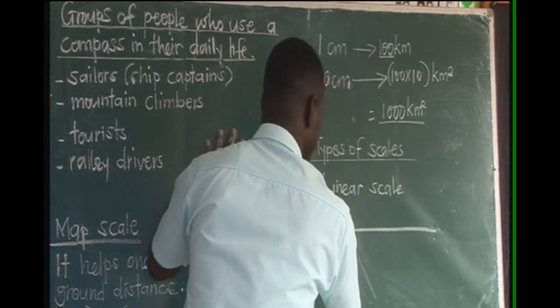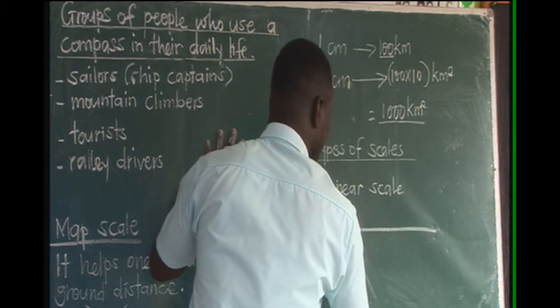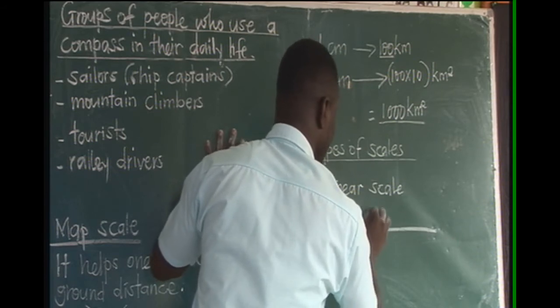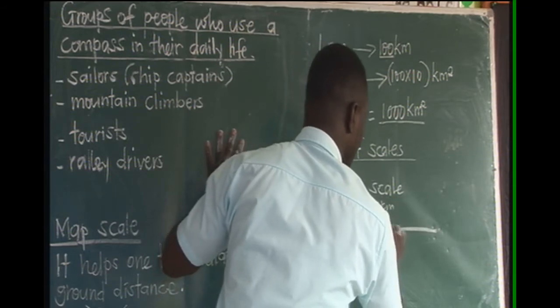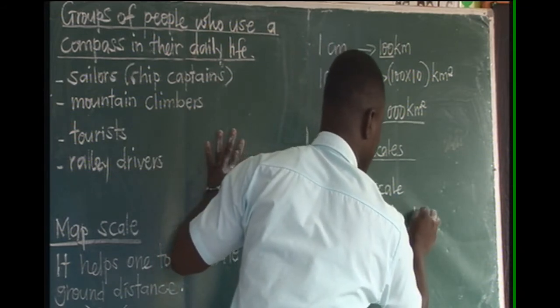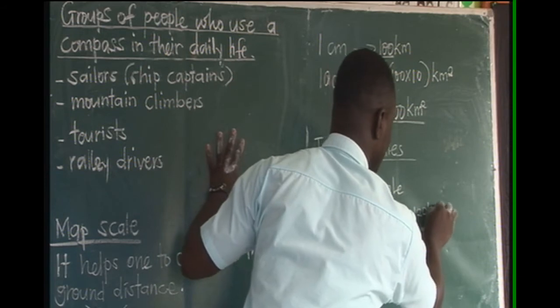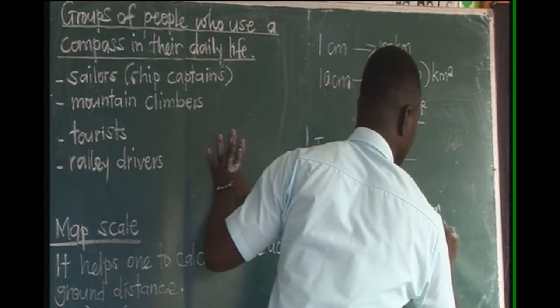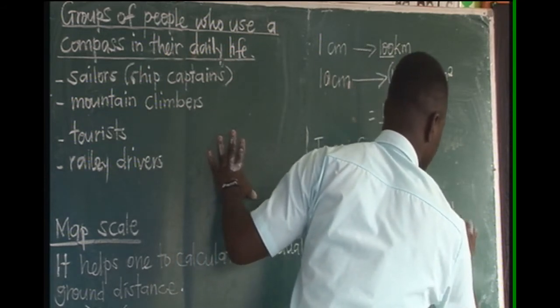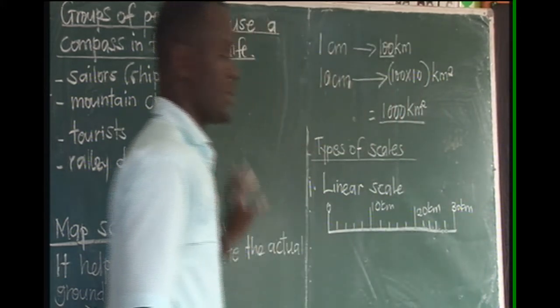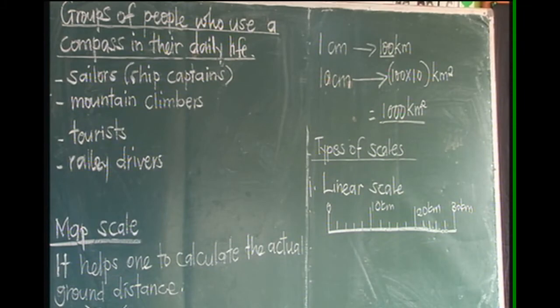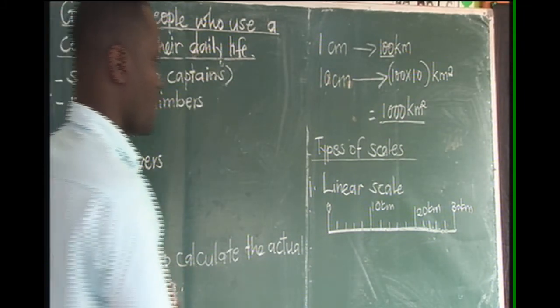This can be 0, you come up to here, this can be maybe 10 kilometers, you come, this can be 20 kilometers, you continue, maybe this can be 30 kilometers. That is what we call a linear scale. That is how we draw it.